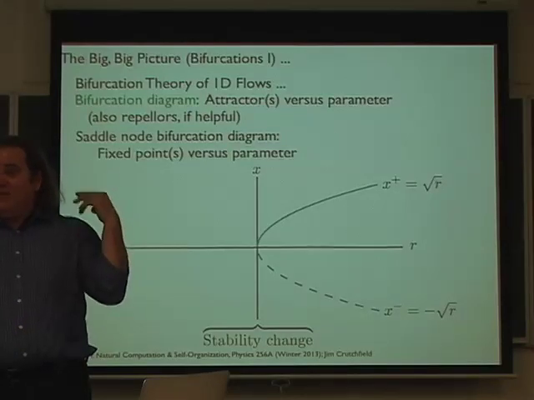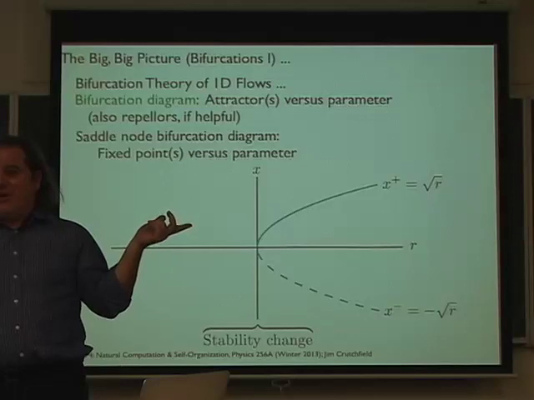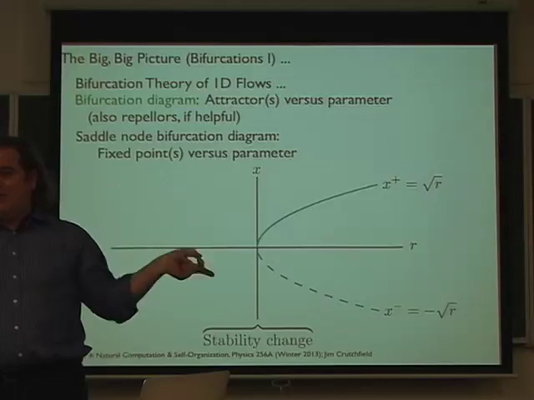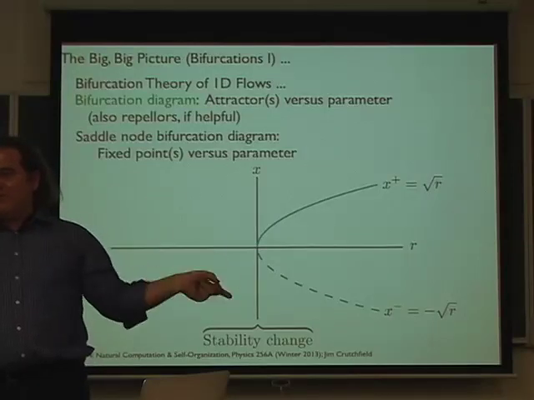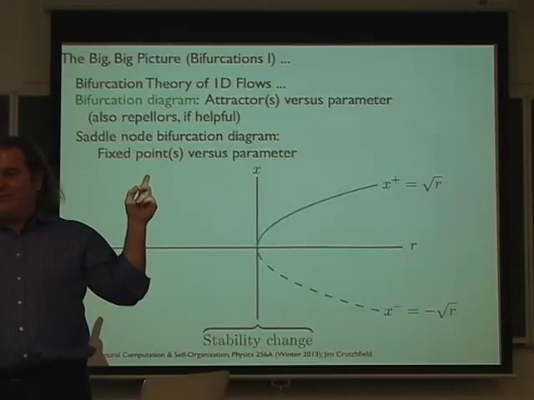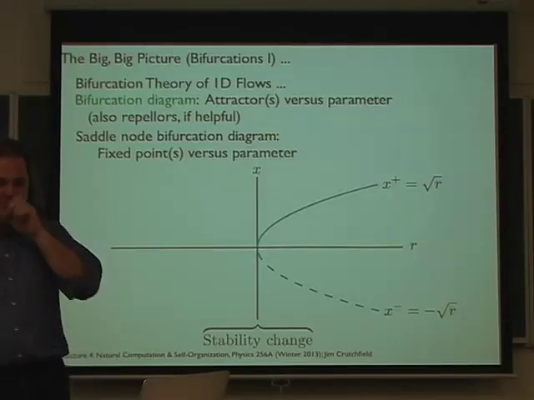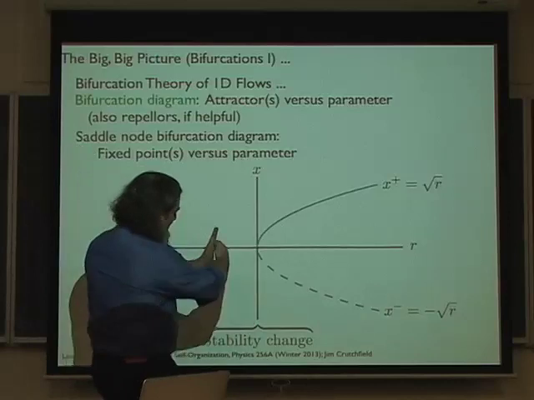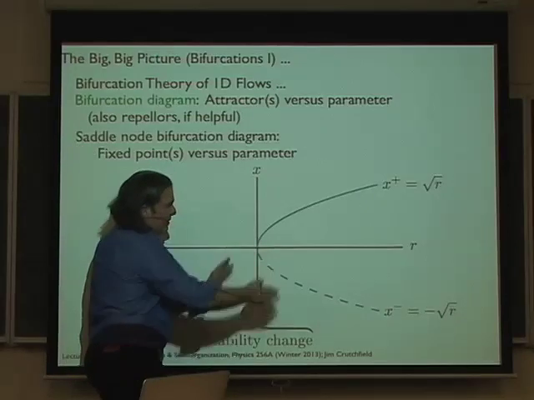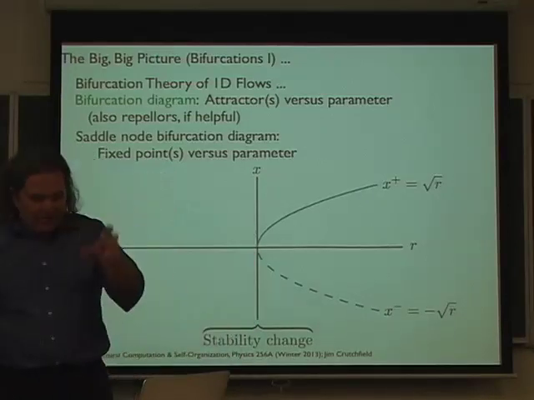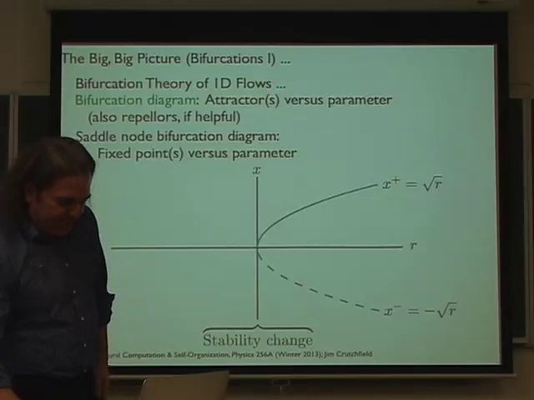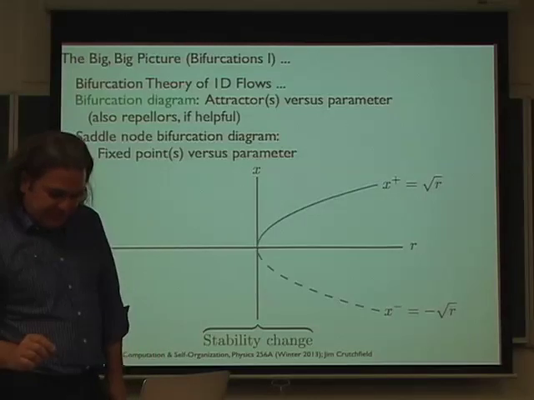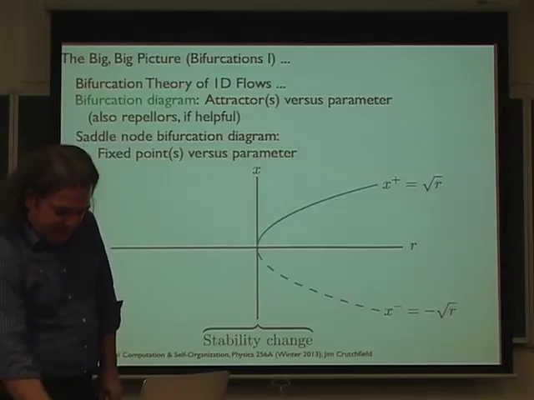There's nothing there. R is positive. What's the charge? We have a stable fixed point, an unstable fixed point. Charge of 1, charge of minus 1, total charge 0. So these are kind of local bifurcations. We're looking at small values of r right around where the bifurcation occurs. Okay, so saddle node bifurcation, kind of the first one.